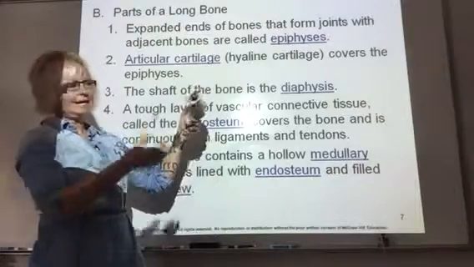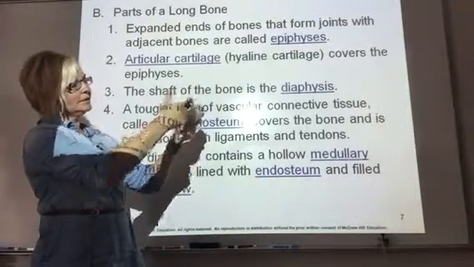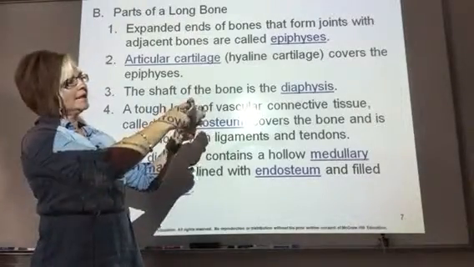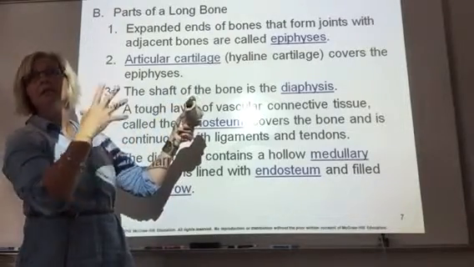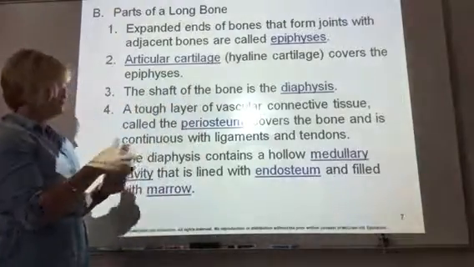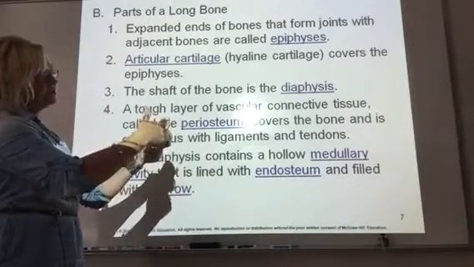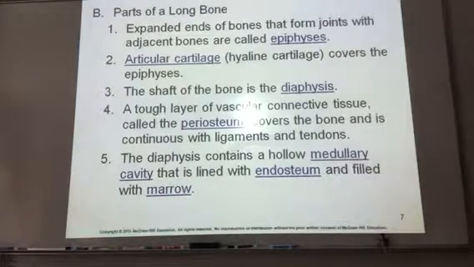Because the bone has died, that marrow has disintegrated, it's gone. So now all that's left is the medullary cavity. That cavity is lined with endosteum, the inside lining. So periosteum is outside, and endo is the inside lining of the cavity.